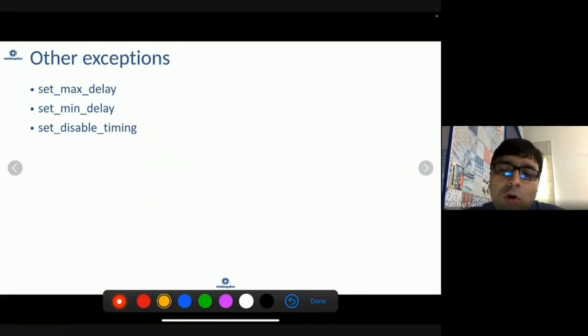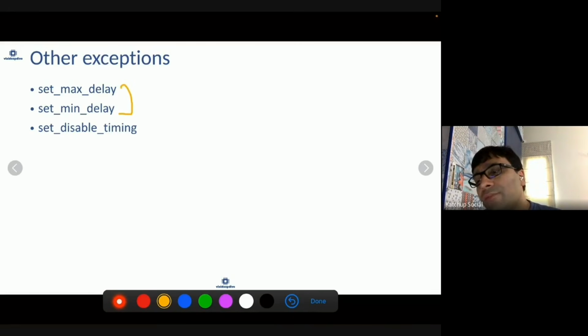So when you want to modify the timing relationship in number of cycles, you use the set multi-cycle path command. If you don't want to do a timing check at all, you use the set false path command. If you want to modify the timing check to specific delay values, which could not be done by the multi-cycle path command, use set max delay and set min delay.